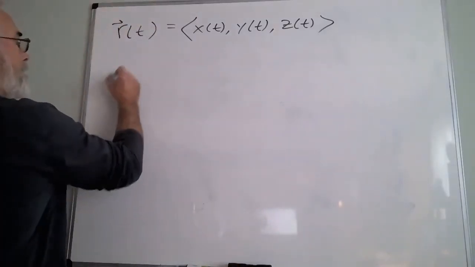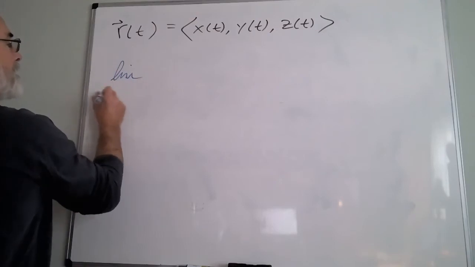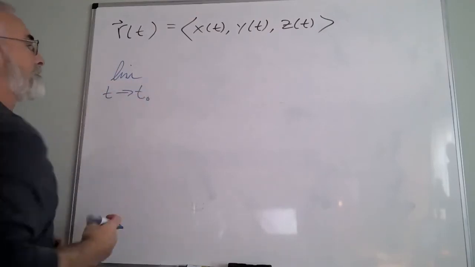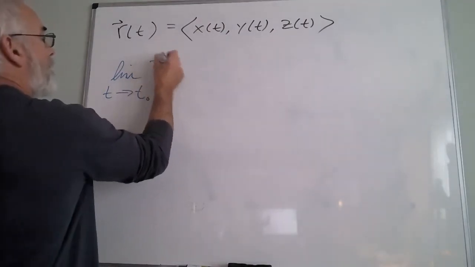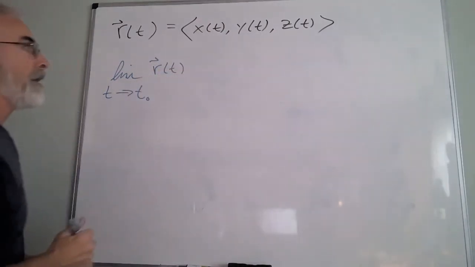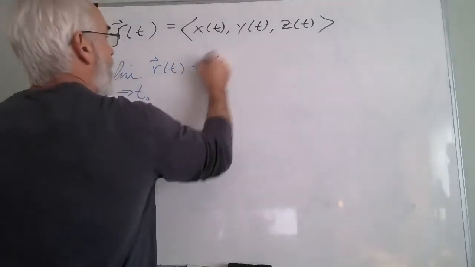So I want to take the limit as t goes to, let's say, some value. So say t goes to t naught of r of t. What we're going to say is that's going to be the vector of the individual limits.